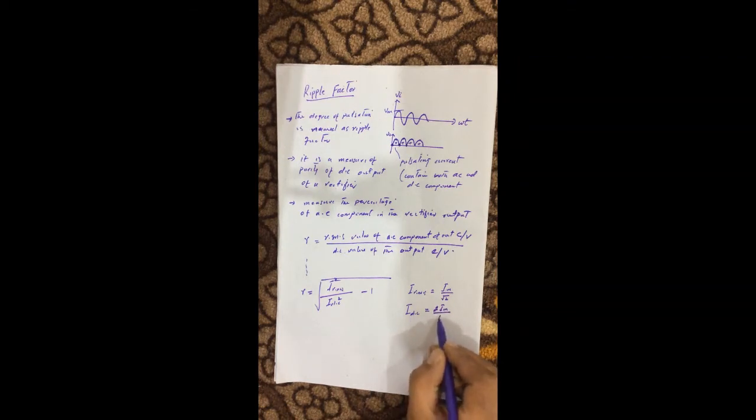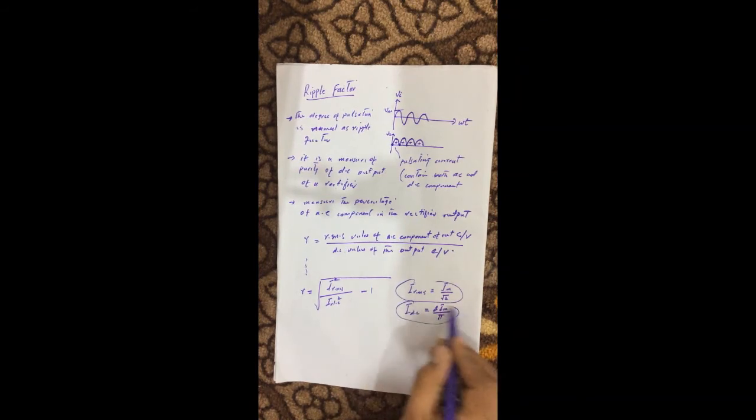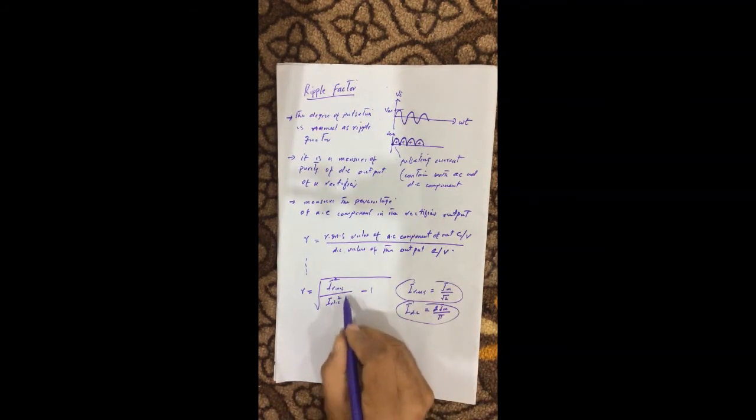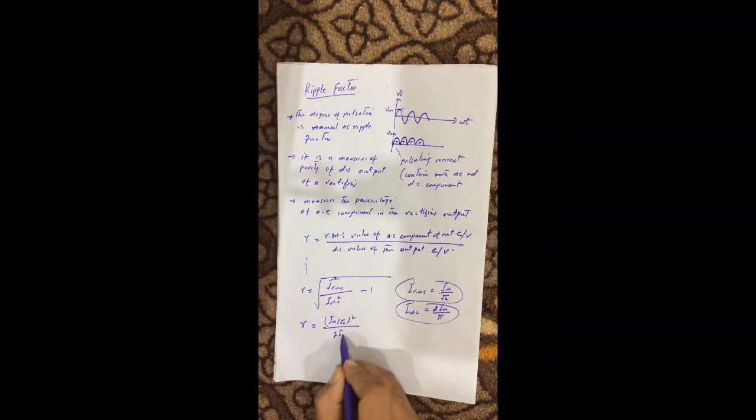If I put these two values here, the ripple factor will be equal to the square root of Im over square root 2 squared, the RMS value of the current, divided by the average value of the output current, or the DC current, 2 Im over pi squared, minus 1.